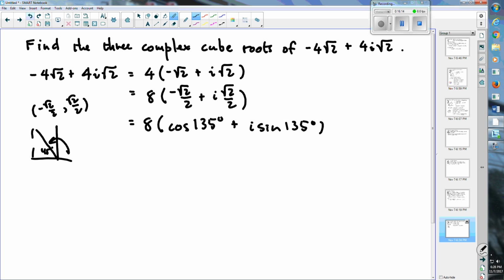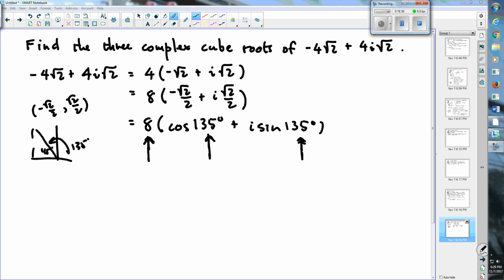And this larger angle in standard position is 135 degrees. That's how I get the 135 degrees right here. The 8 happens to be the modulus. So there's longer ways or shorter ways to find this information. But I was interested in finding the modulus, the 8, and what the angle numbers were, 135.